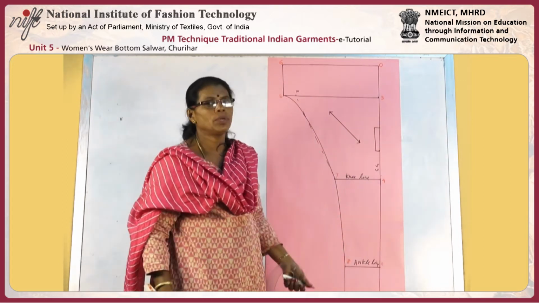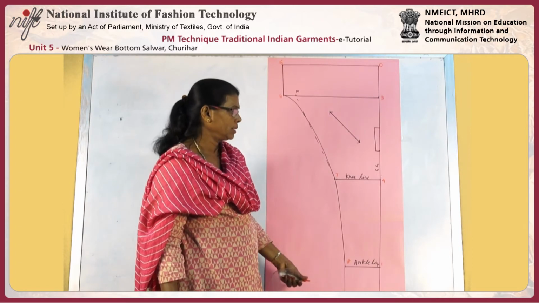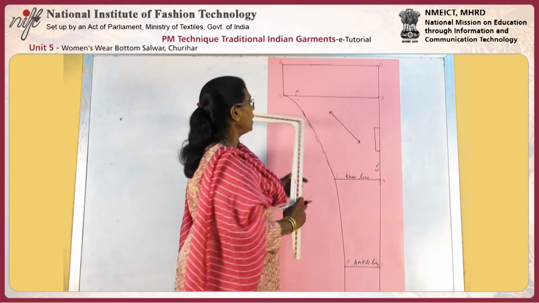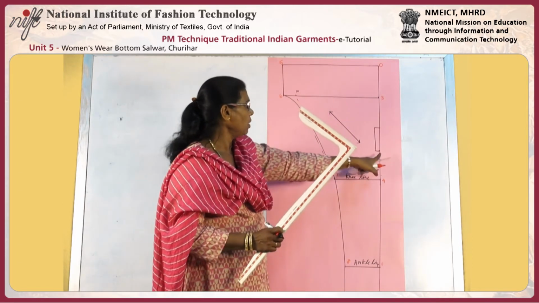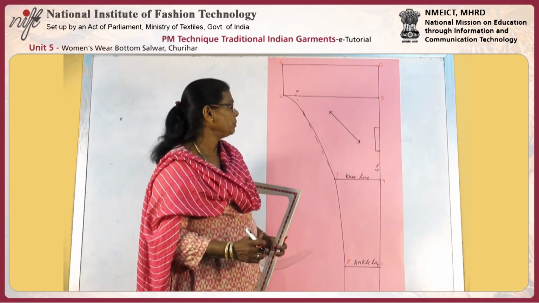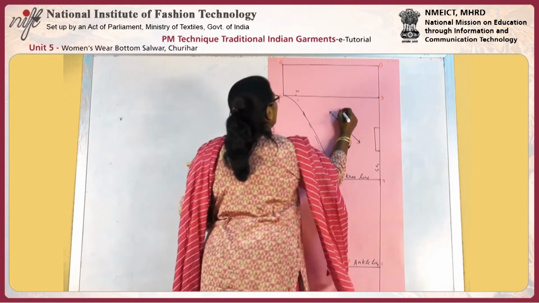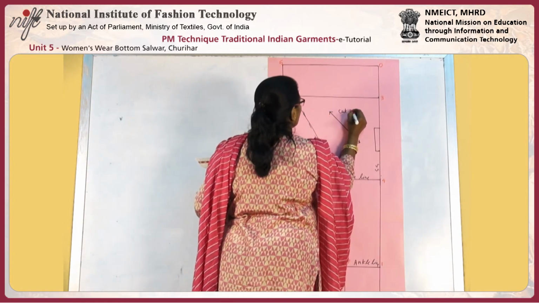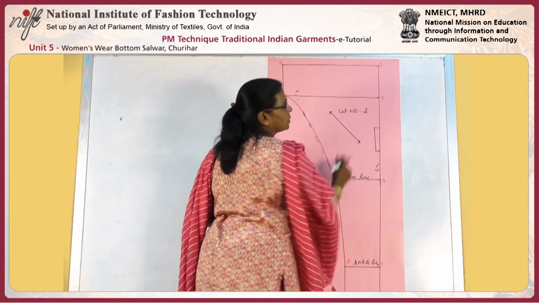This churidhar will always be cut on the bias, and this is on fold. So one piece for the left leg, the other piece for the right leg. So cut number is 2 pieces.